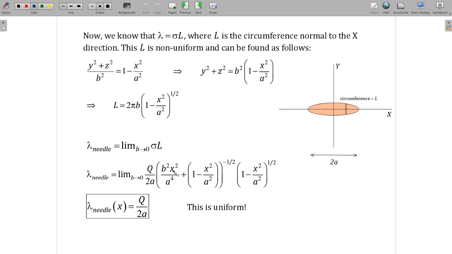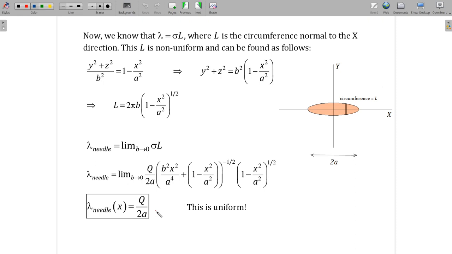And in that case, this term goes to 0, and then these two terms are reciprocals of each other, and therefore we get that the lambda becomes a constant, which is quite astonishing, given that it's a needle, and you would not expect charge to distribute uniformly over a linear object, but it really does.